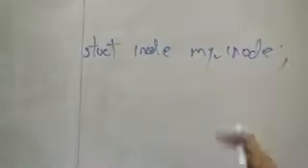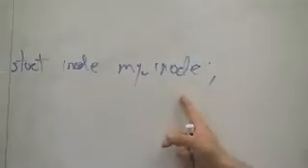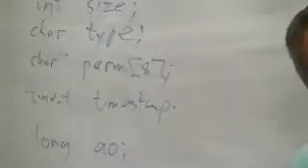What does that do? It makes an object called my inode that is of type struct inode. And therefore, it's going to have what fields in it? A field called size, a field called type, a field called perms, a field called timestamp.